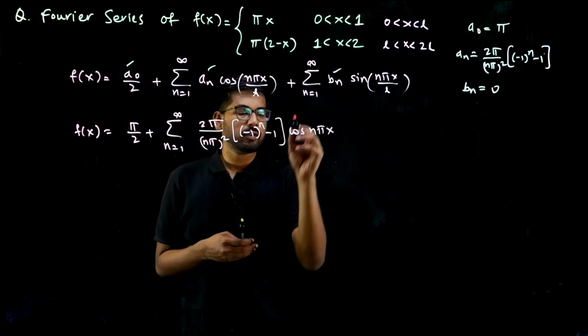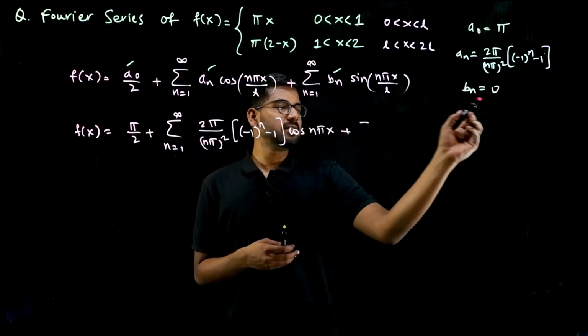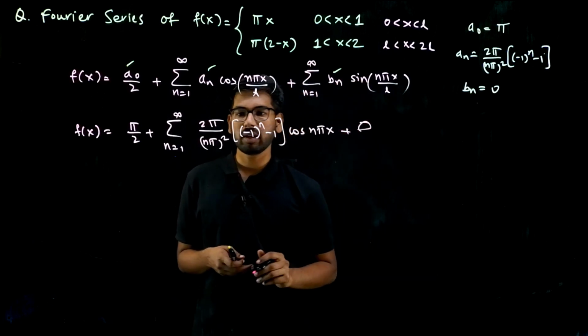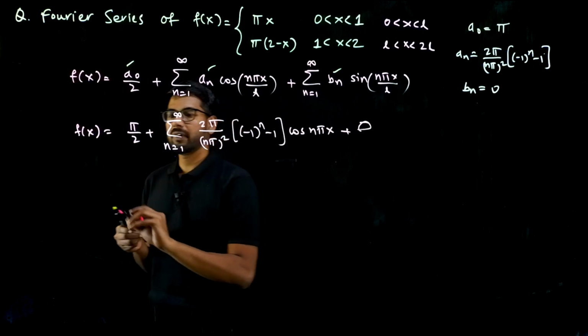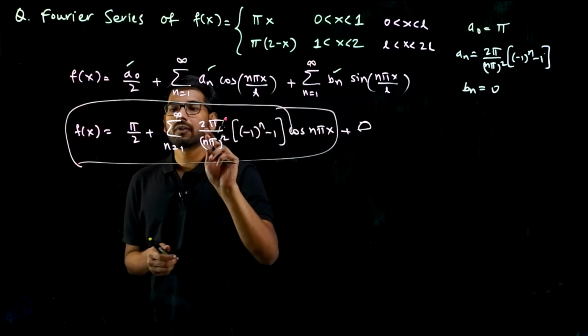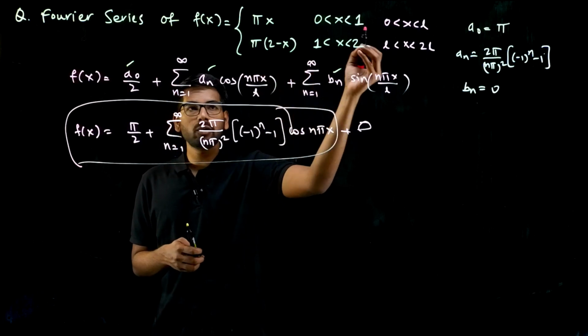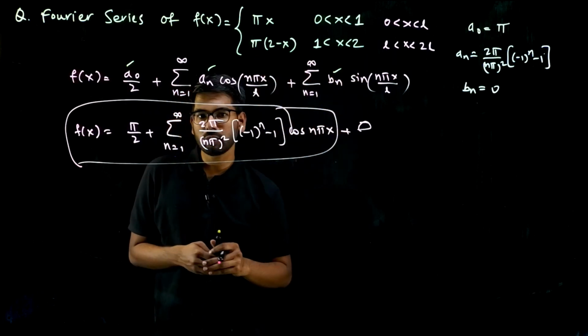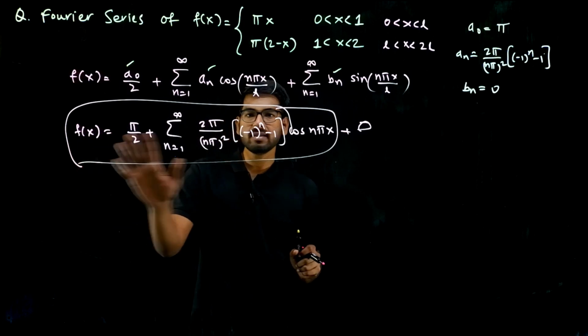L is 1. So plus bn is 0. So all these terms will be 0. Okay. So this is the f of x that we get. The f of x is equal to pi x in the interval 0 to 1, pi into 2 minus x in the interval 1 to 2. The Fourier series expansion is this.